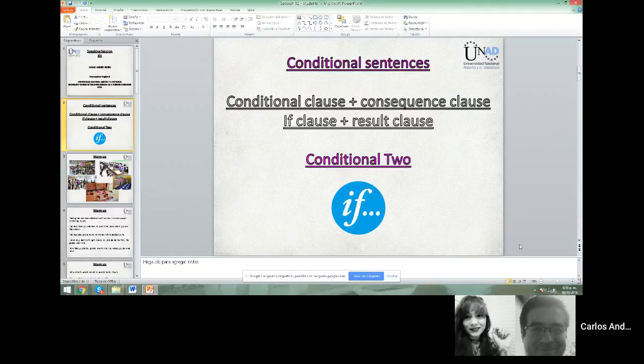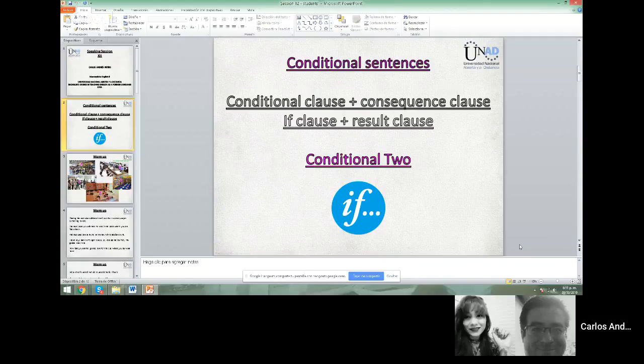There are a lot of things that are similar about how you make conditional sentences, about the conditional clause or the if clause, and then the consequence clause. For example, you can switch or flip them. So the if clause could be either the first or the second part of the sentence. So that is the same.